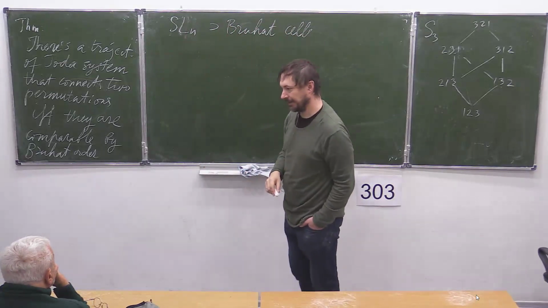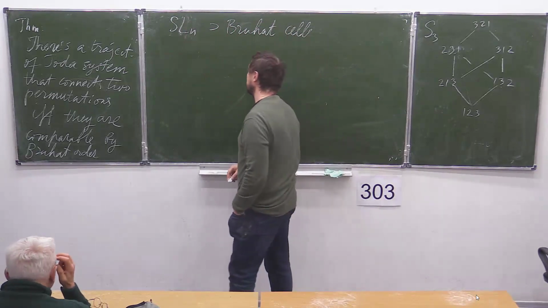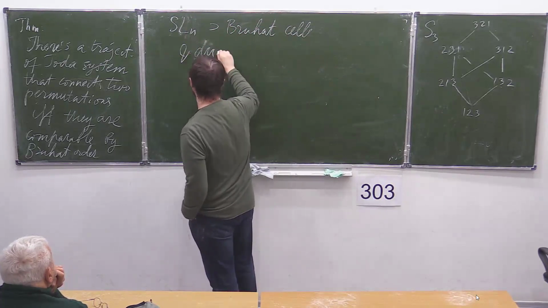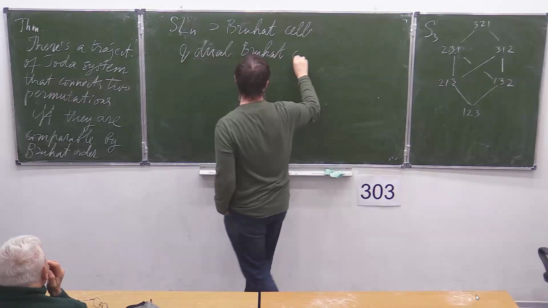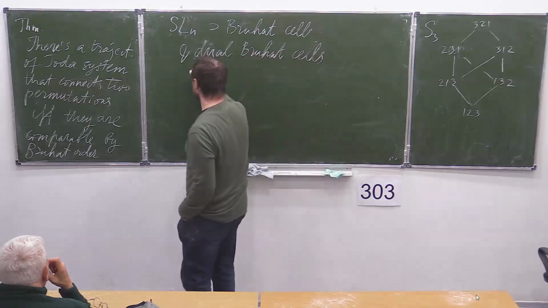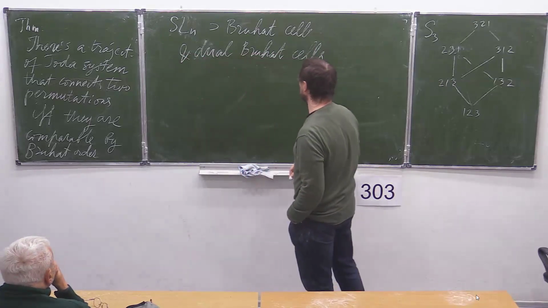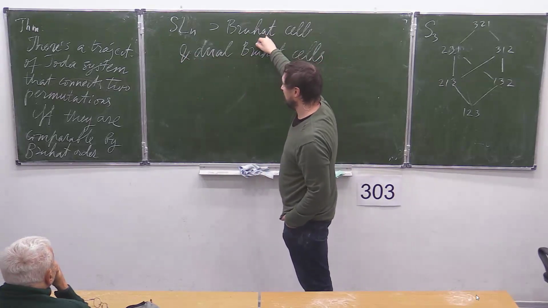And these Bruhat cells actually intersect if and only if and dual Bruhat cells. And these cells are determined by permutations, and they are invariant of the Toda system.